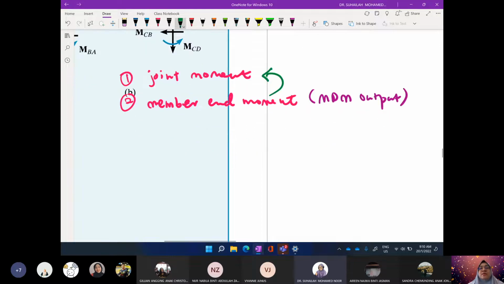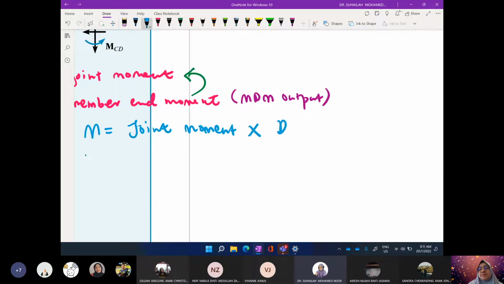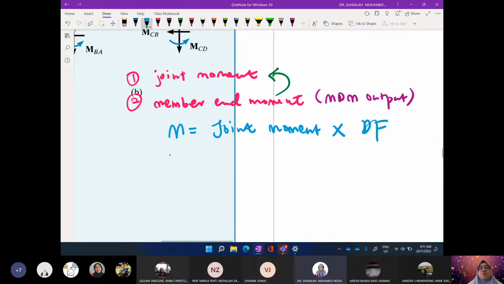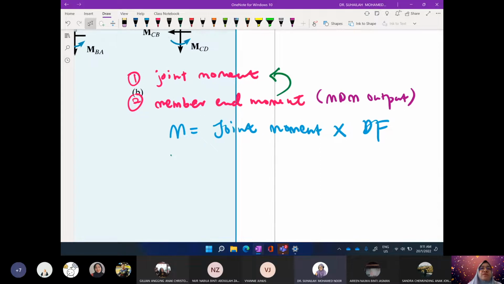How do we calculate the joint moment? We calculate the member end moment using the joint moment times the distribution factor. And what is the difference in terms of sign convention between the member end moment and the joint moment?